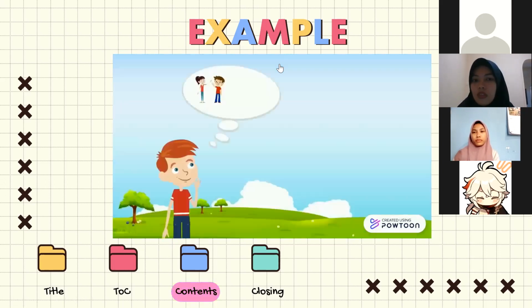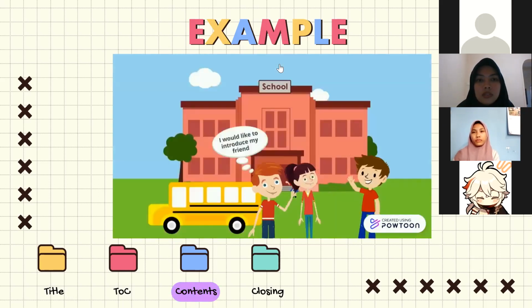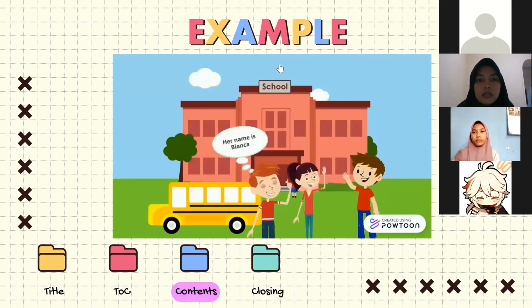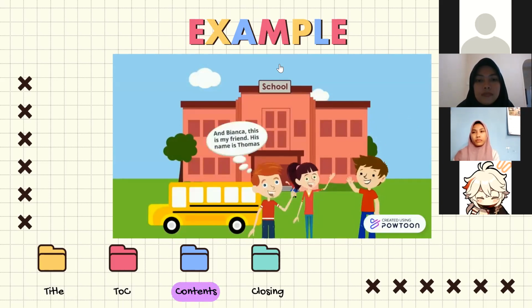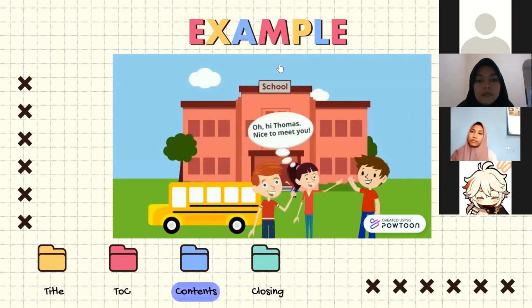Lalu bagaimana cara memperkenalkan others? I would like to introduce my friend. Her name is Bianca. Hi Bianca. And Bianca, this is my friend. His name is Thomas. Oh, hi Thomas. Nice to meet you. Nice to meet you too.